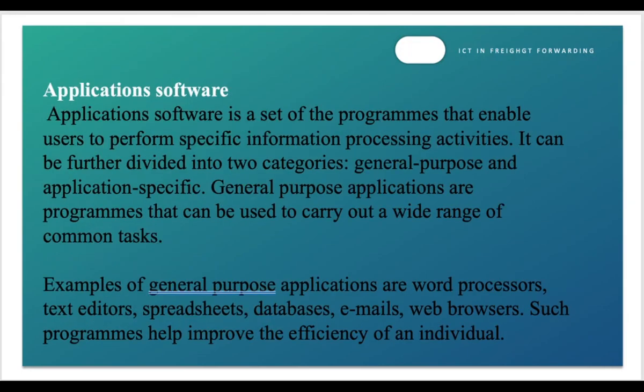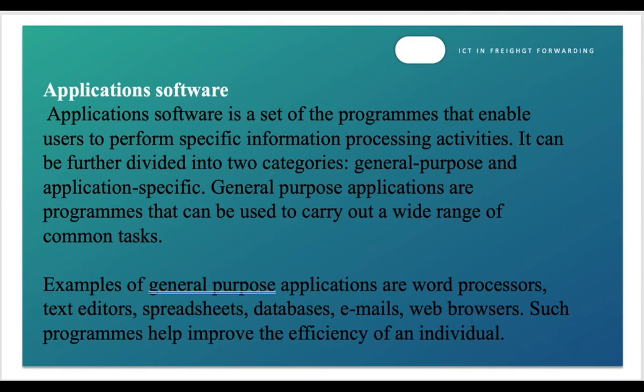So we have just talked about the systems software, and we would now want to talk about the applications software. Now, we're still talking about intangibles here. Like we said, the application software is a set of programs that enable users to perform specific information processing activities.